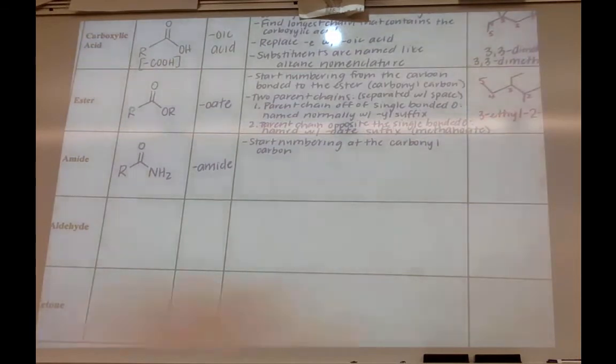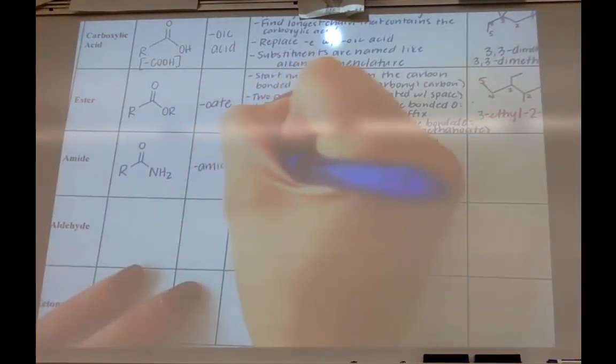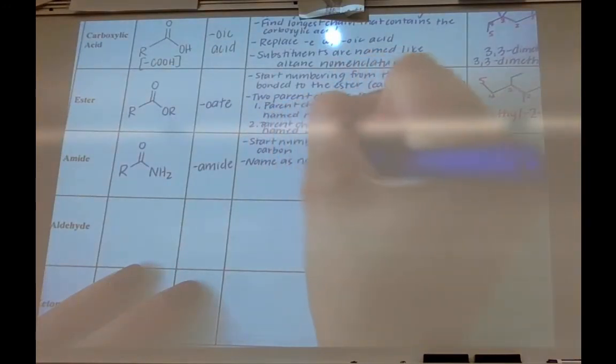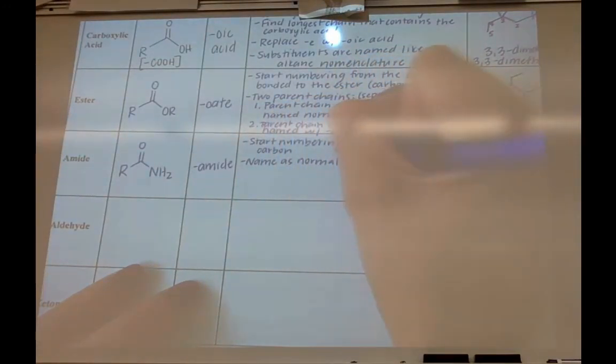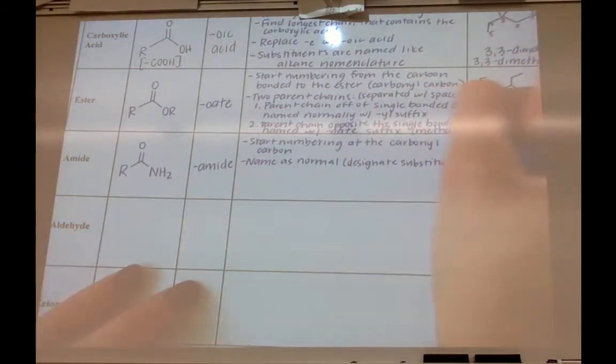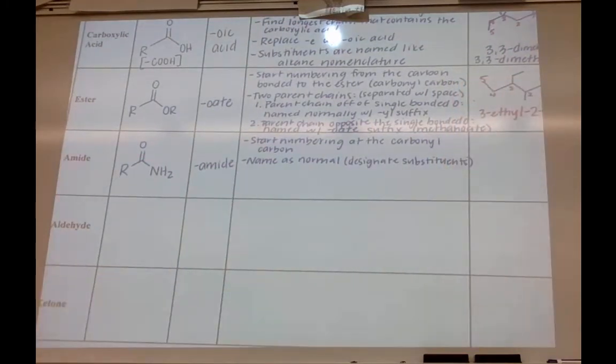We're going to designate our substituents. I'll just put designate substituents. Meaning, based on your numbering, what are your substituents that you have connected?